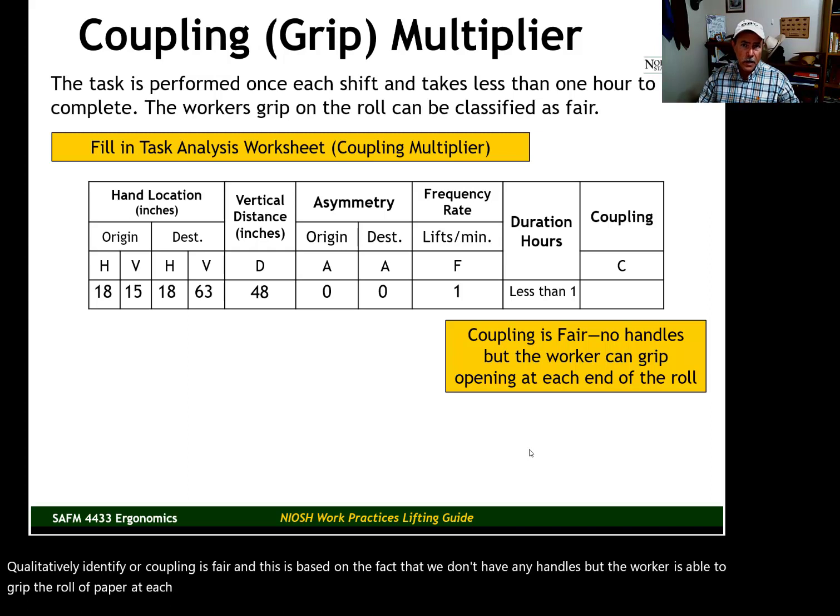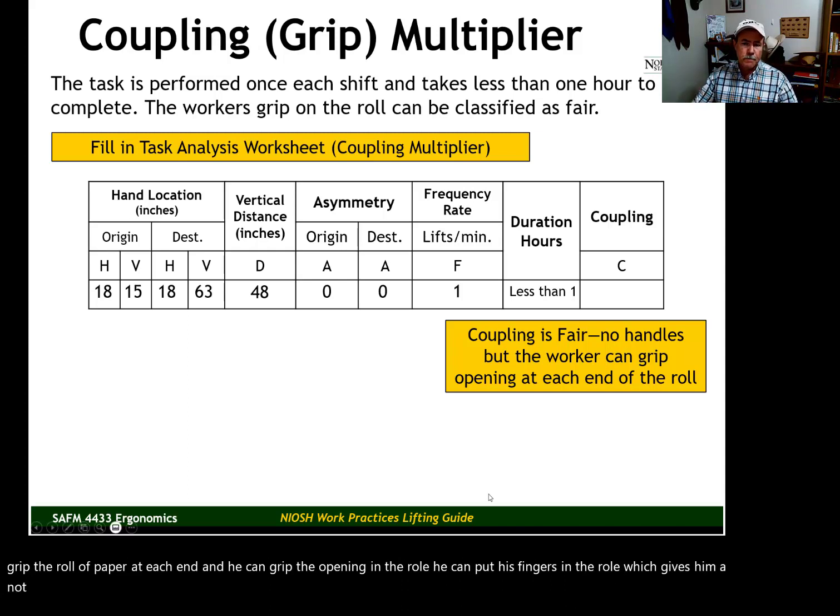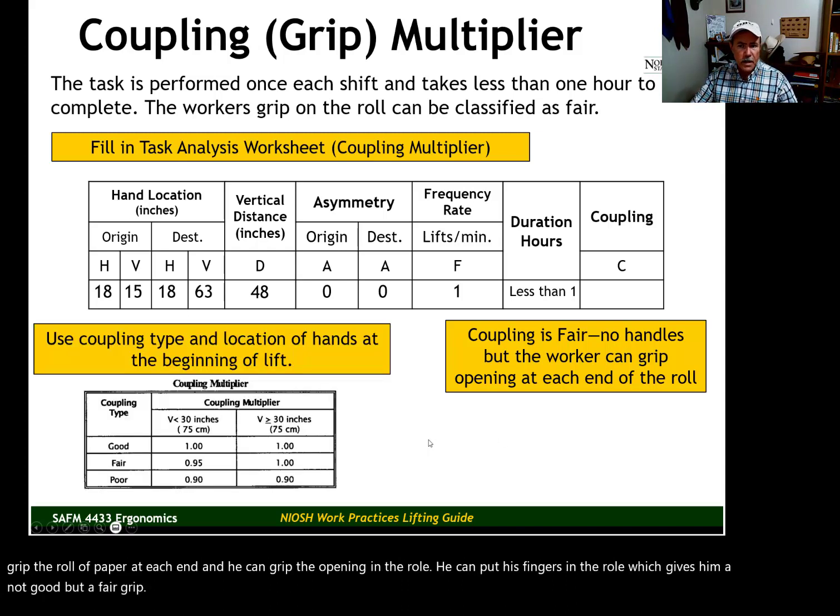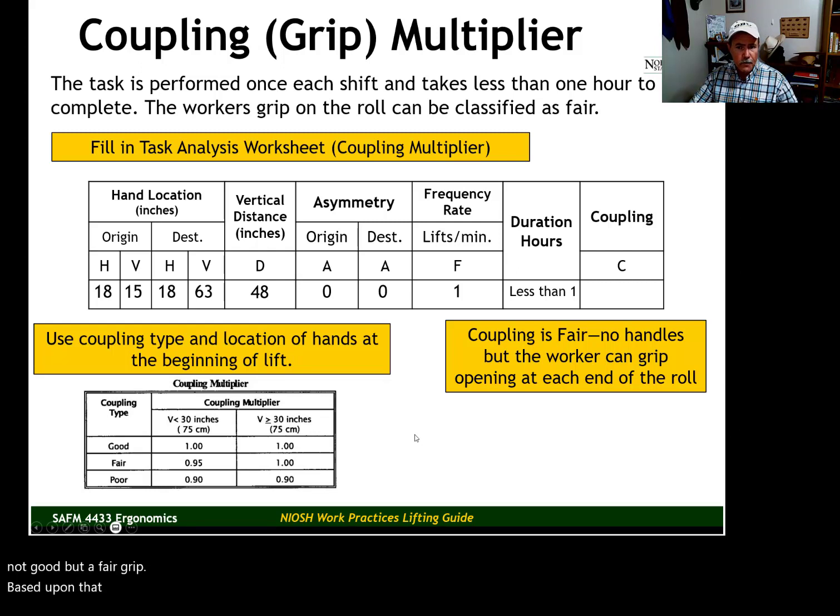And he can grip the opening in the roll. He can put his fingers in the roll, which gives him a not good, but a fair grip. Based upon that qualitative determination of the grip quality and also the starting height of the lift, we can find the coefficient that we'll use as our coupling multiplier.